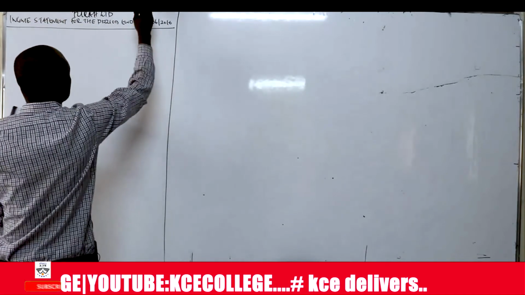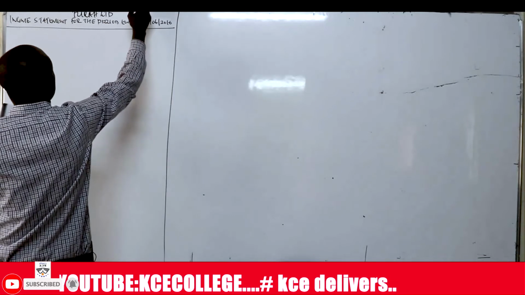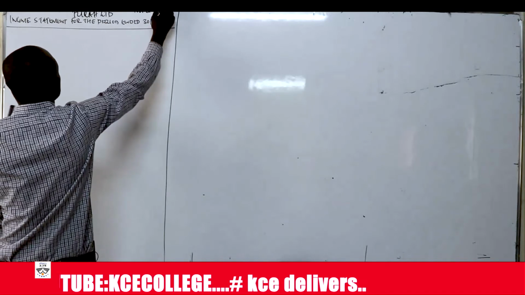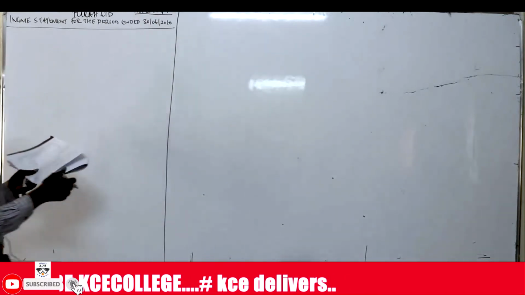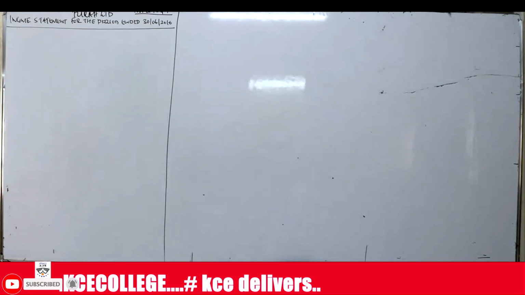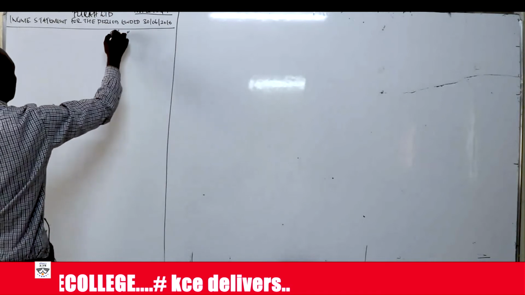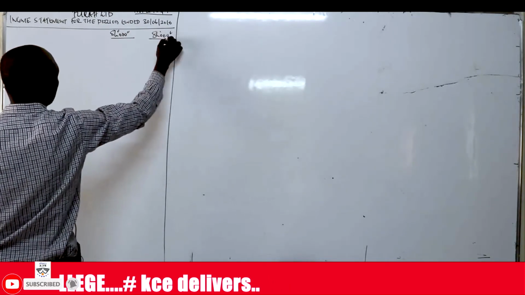And then we write here, which year is this? Is it May or November? November. Question number 1. So November 2016, question number 1. So we can have 2 columns here, shillings and thousands.